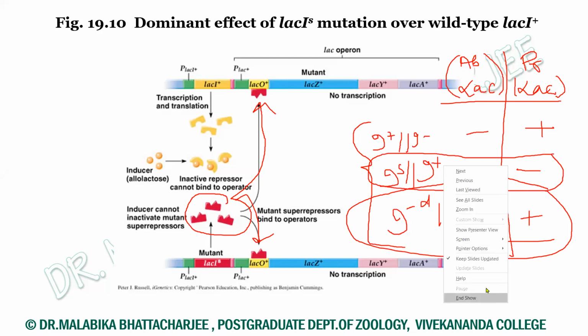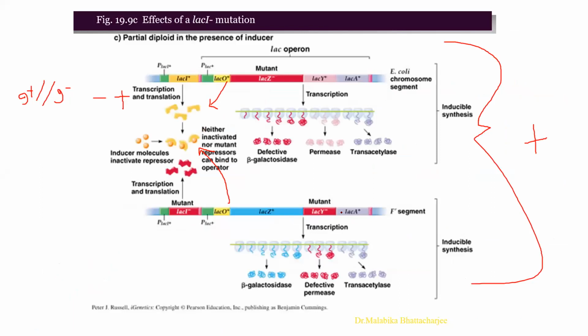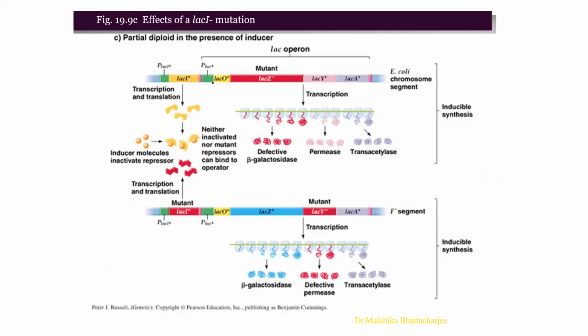For one of the mutations, there is no picture, so I'll just explain it through the operator one. The one mutation is the promoter mutation. If we have a promoter mutated, remember, RNA polymerase will fail to recognize the promoter. So in absence of lactose, no problem, the operon is switched off.